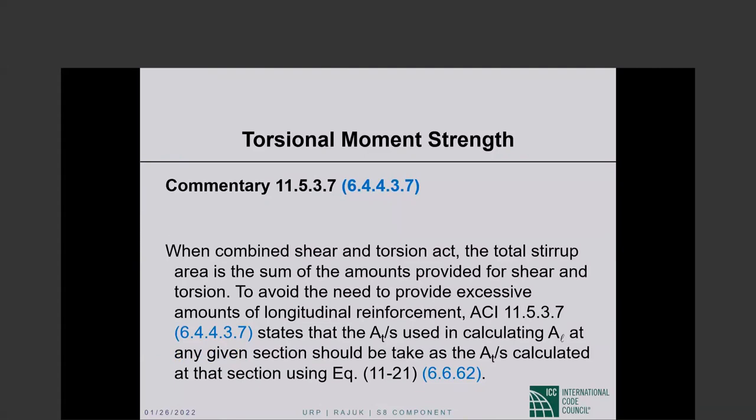To avoid the need to provide excessive amounts of longitudinal reinforcement, SEI states that the A sub T used in calculating A sub L at any given section should be... there's a mistake here. I see, should be taken as that. That's what is missing.